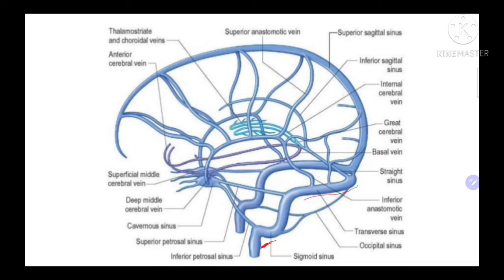The caliber of this sinus from the confluence of the sinuses is going to get bigger from here to the bulb of the jugular vein. So usually the caliber of the right lateral sinus is bigger than the left one.